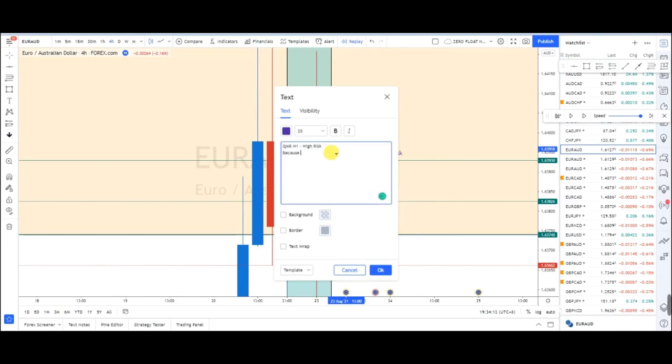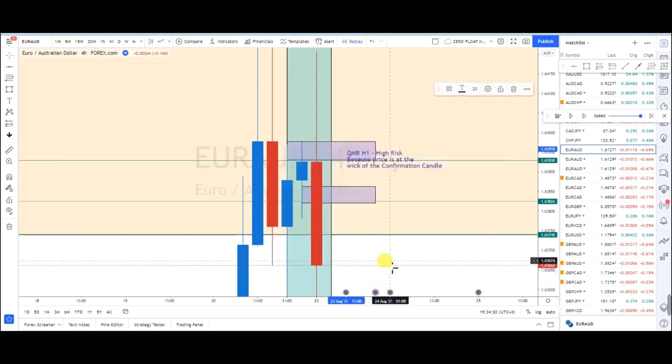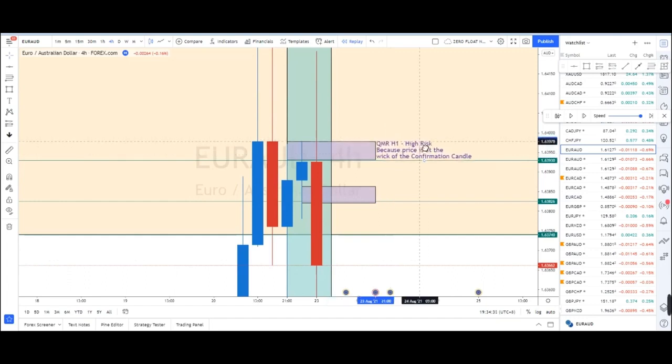Because price is at the wick of the confirmation candle. Okay. So we're going to mark this as high risk. Secondly, the SNRC1 is good.